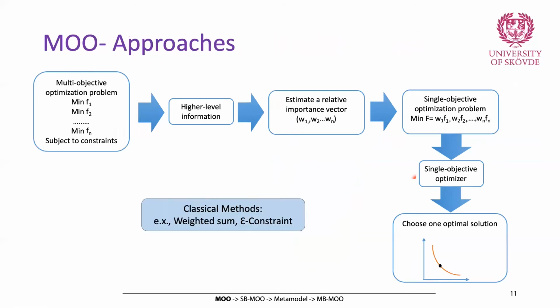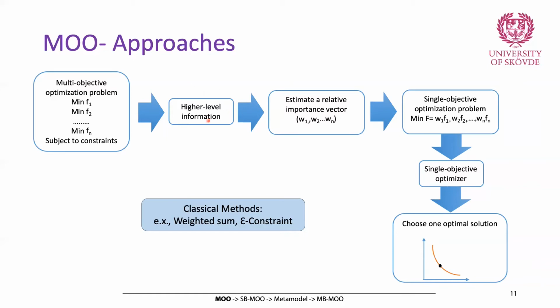So let's look at the approaches in solving multi-objective optimization problems. There are generally two approaches in solving MOO. The first approach, which we call the a priori approach, is where you have some higher level information at the beginning. If you look at our previous example of buying a car, your higher level information is that you know that the price of the car is more important than the speed of the car.